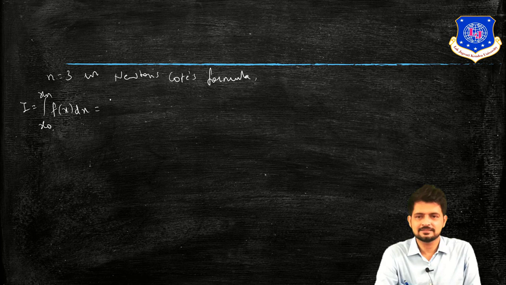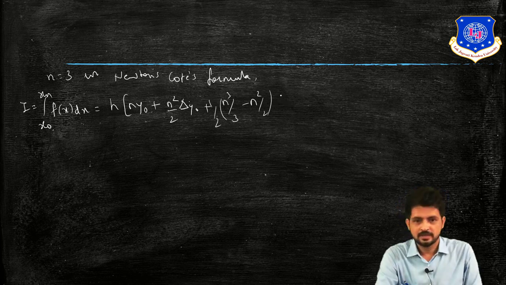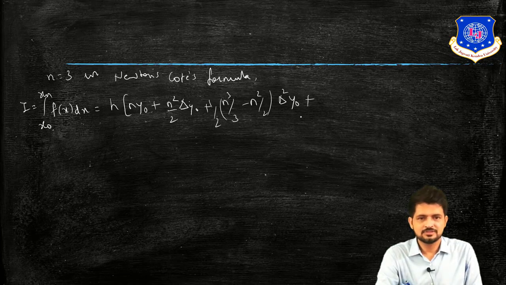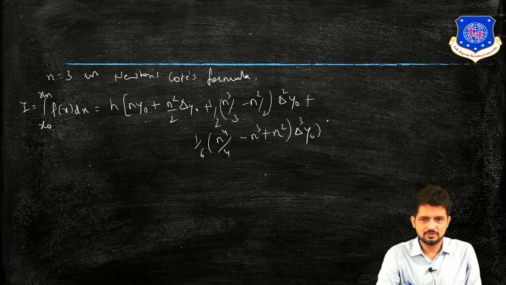This can be written as h times n y0 plus n square by 2 into del y0 plus n cube by 3 minus n square by 2 into 1 by 2 del square y0 plus 1 by 6 into n raised to 4 by 4 minus n cube plus n square into del cube y0. Here you have to place n is equal to 3.